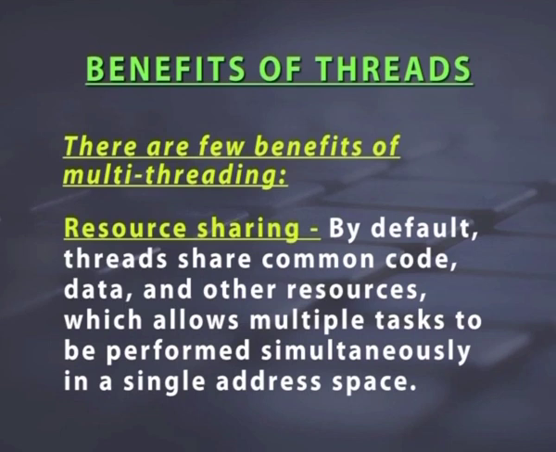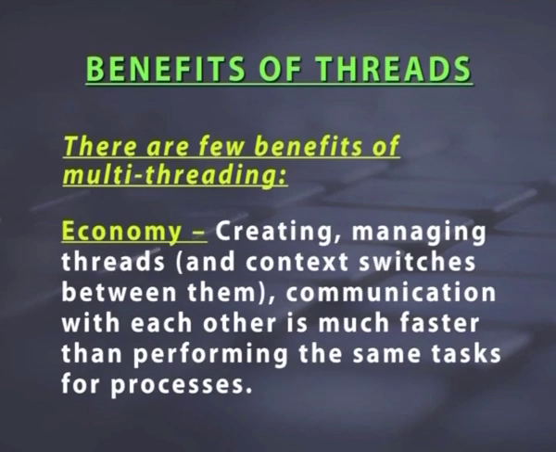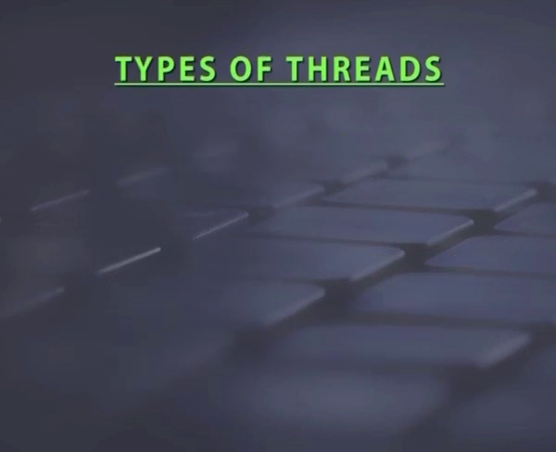By default, threads share common code, data and other resources, which allow multiple tasks to be performed simultaneously in a single address space. Third is economy. Creating and managing threads, context switches between them, and communication with each other is much faster than performing the same tasks for processes.